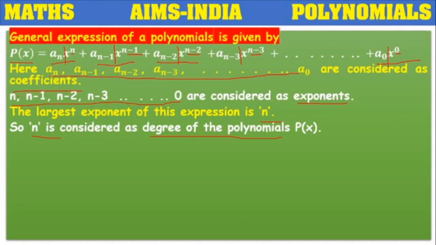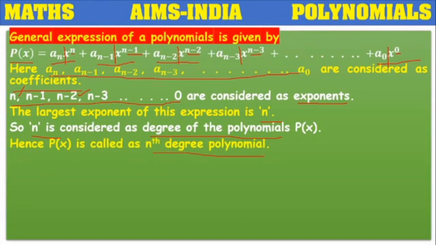The first exponent is n, the next is n-1, which is 1 less than n, then n-2, again 1 less than n-1. Here the exponents are decreasing one by one, ultimately coming to 0. So that's why n is considered as the degree of the polynomial.